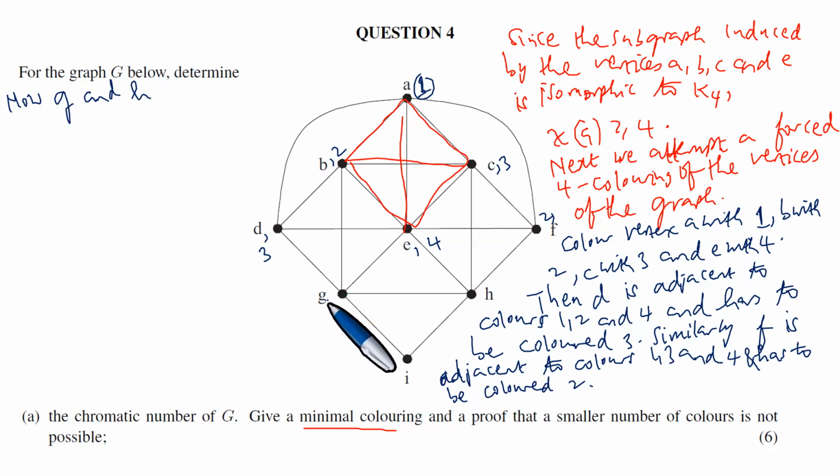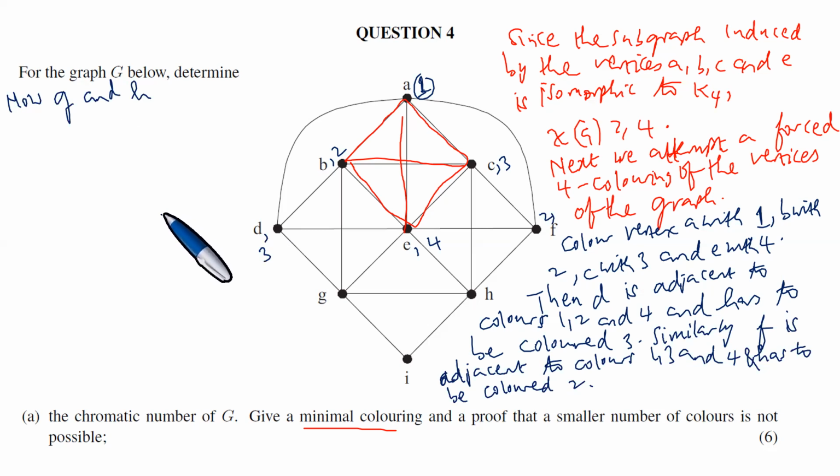G is adjacent to what? 2, 3, 4. What about H? H is adjacent to 4, 3, 2. So you can put them together because they're adjacent to pretty much the same colors, just to avoid writing an essay here.